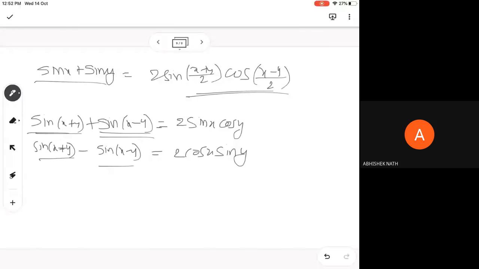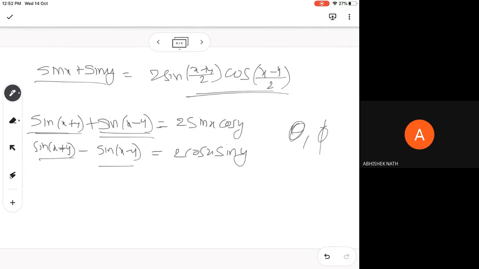So if you see these two things, consider x plus y as some other angle. I think in your textbook it is given, P and Q perhaps. Whatever it may be, let us consider theta and phi. I don't remember exactly what is given in your textbook.